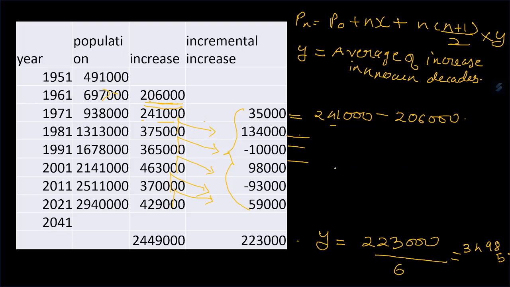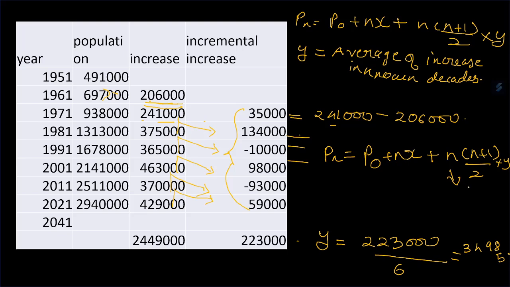Now once you obtain y, you have to switch all the values: P0 plus nx remains the same, which we found out, that is 36,39,714, plus n into n plus 1 by 2 into y.